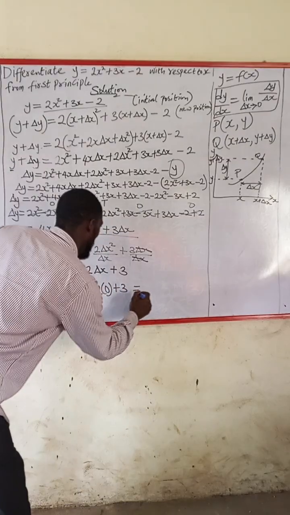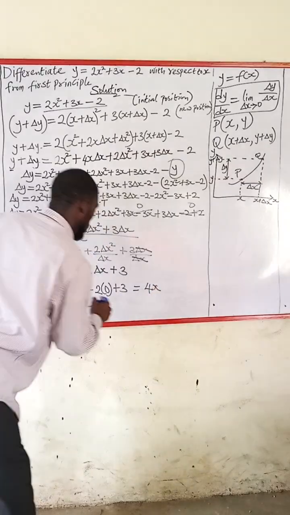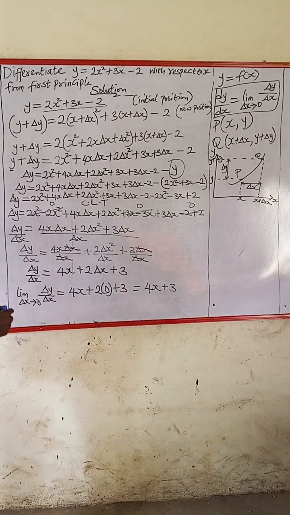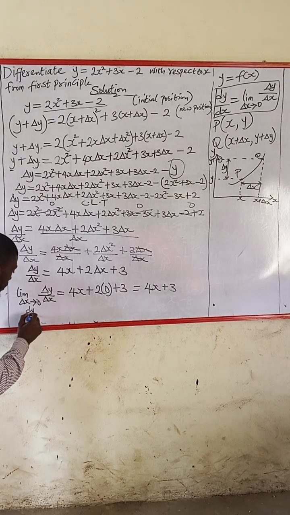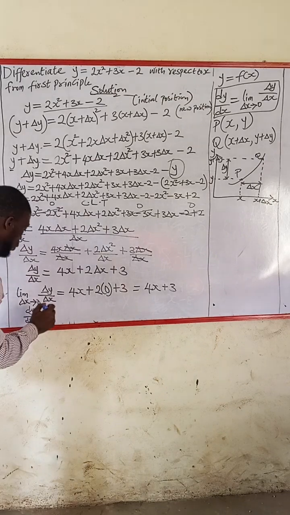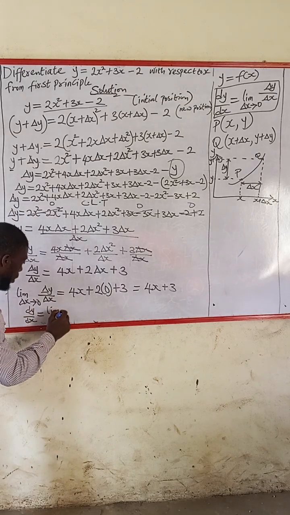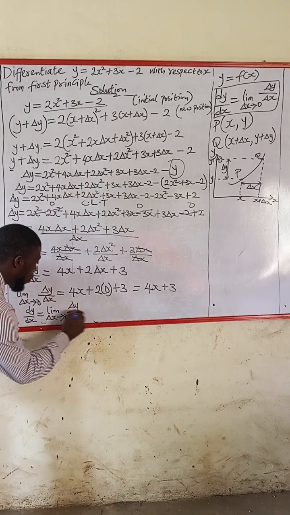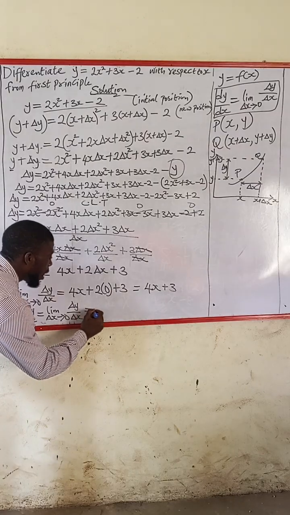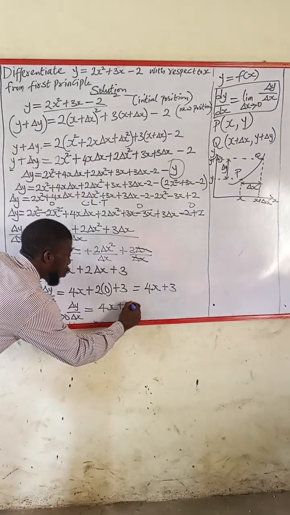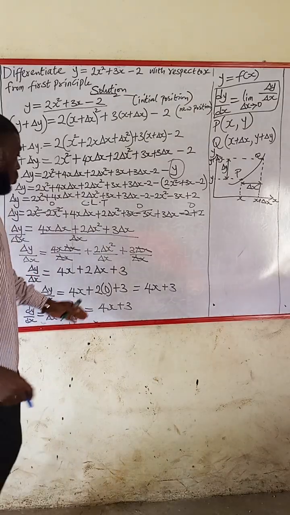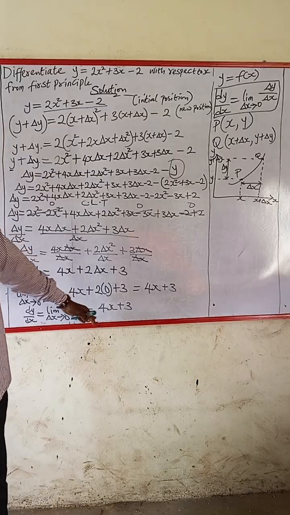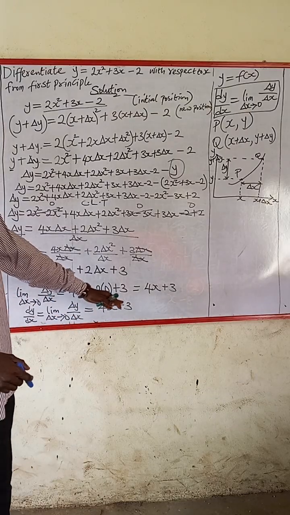And this will be equal to 4x, 2 times 0 will give us 0, plus 3. Are you seeing this? So dy/dx is equal to the limit as changing x approaches 0 of changing y over changing x, which is now equal to 4x plus 3. So when we differentiate this using the first principle, it's going to give us 4x plus 3.